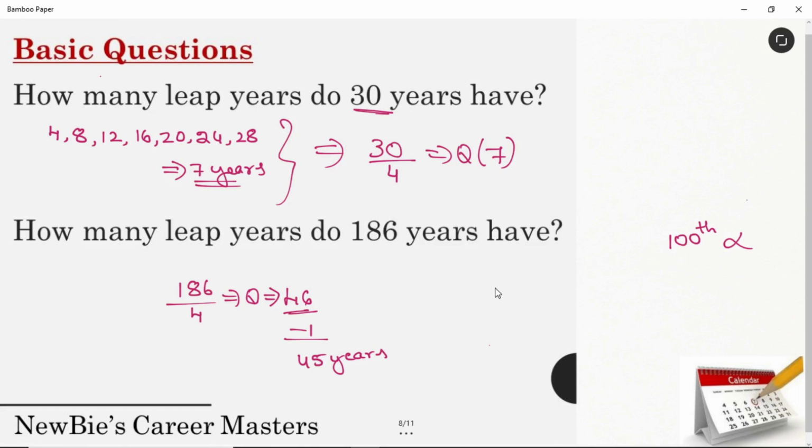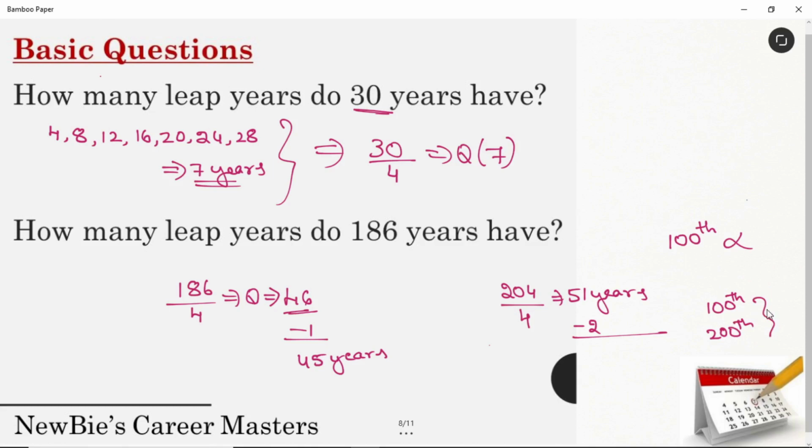Now the count is 204. The question is, how many leap years do 204 years have? First, you have to divide this by 4. This is 51 years. But you have to remove 2 years from this. 2 years means the 100th year and 200th year.